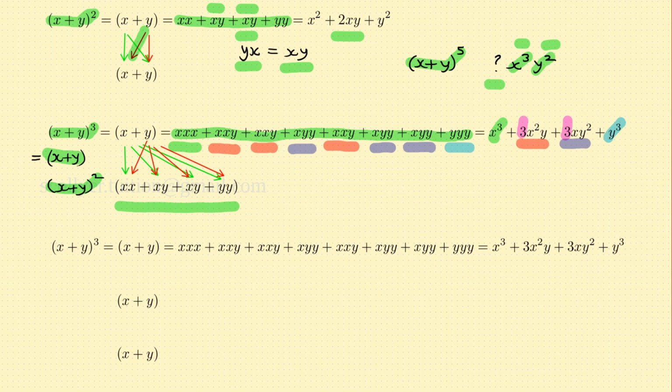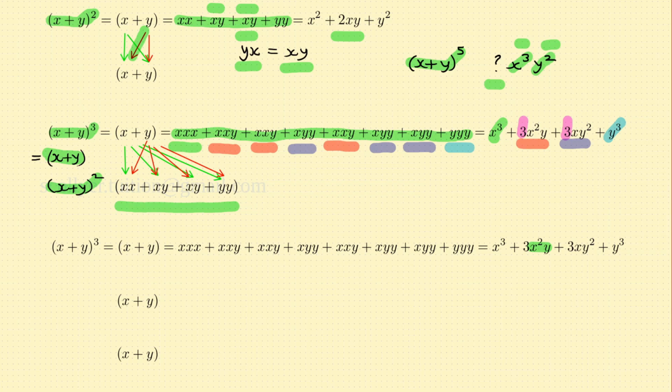Let's look at the expansion of (x plus y) cubed again, and let's see how we form terms containing x squared y. We get those terms whenever we have 2 x's and 1 y in the expansion. How many different ways can we produce terms like that with 2 x's and 1 y?